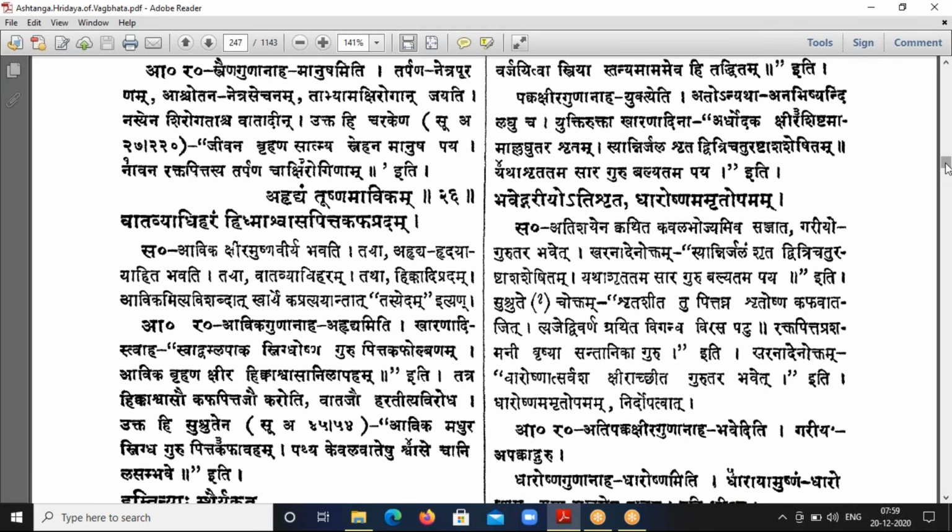Then allow it to cool down to the normal atmospheric or room temperature. Then it is called dhara shidam. That is the way in which mahisha kshiram is to be used. Dharoshnam shasyade gavyam, dhara shidam tu mahisham.